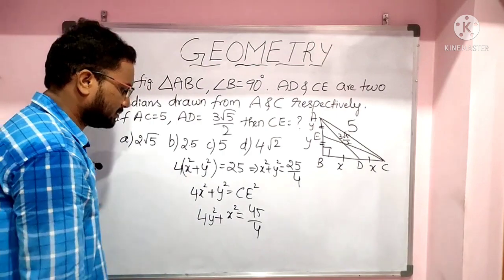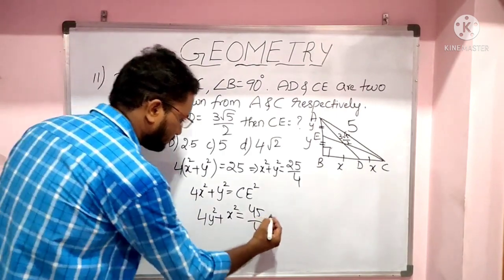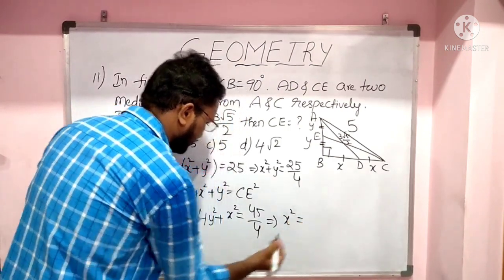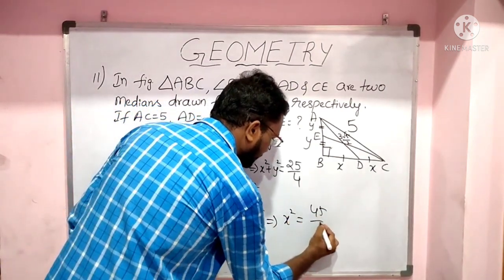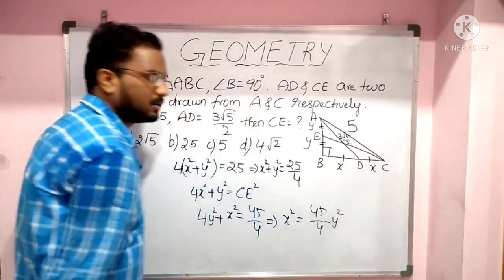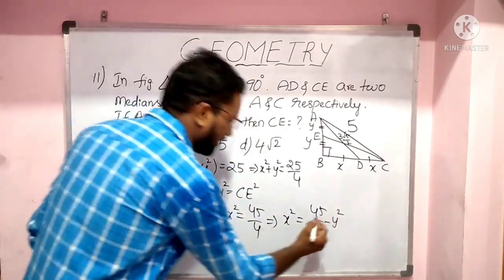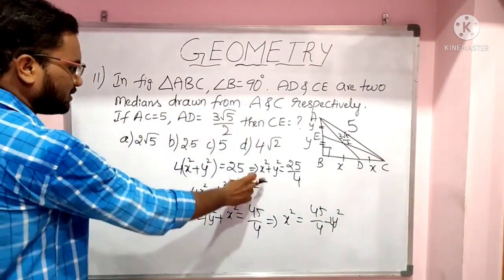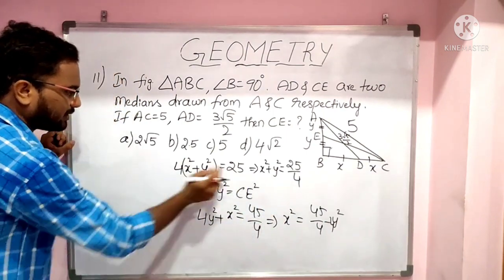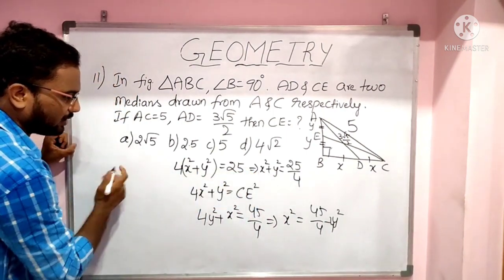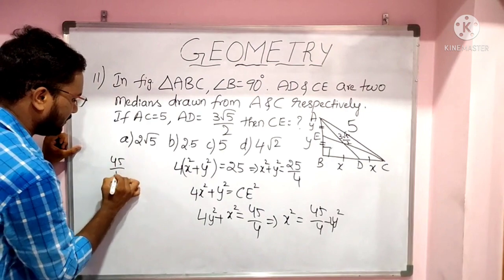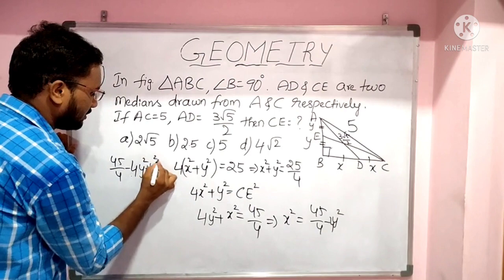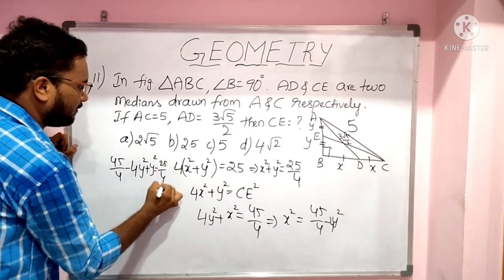From this, x square equal to 45 by 4 minus 4y square. Substitute this value in x square plus y square. x square value 45 by 4 minus 4y square plus y square equal to 25 by 4.